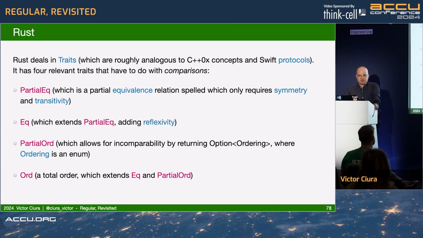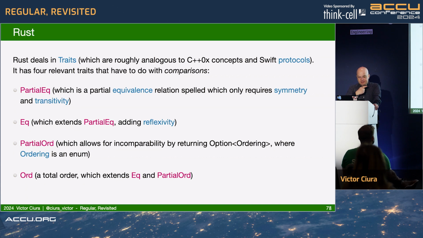So if anyone remembers the original C++0x concepts proposal by folks like Doug Gregor, way back in 2010, I think. So traits and protocols in Swift and Rust are closer to that proposal, not with the concepts-lite implementation we have in C++.